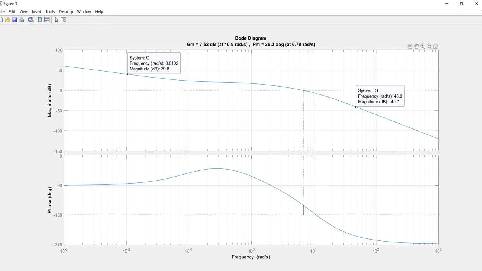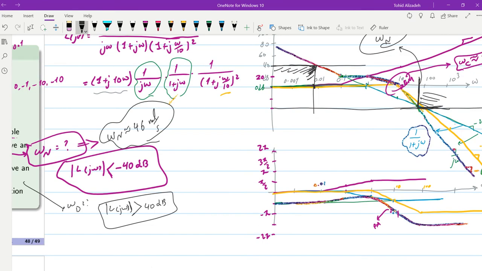You can refer to the Bode plot that we have here. Let's see if this is close. So we have 39.8, pretty close to what we are looking for, so 40 dB. As a result, the frequency will be equal to 0.0102. So omega d will be equal to 0.0102 radian per second.